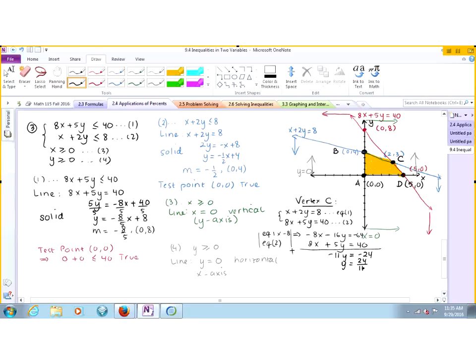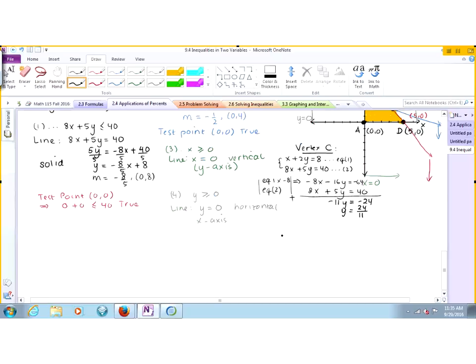Now, what about x? Do I have space here? Or maybe I cheat a little bit. I write this. So substitute y equals 24 over 11 into equation 1.